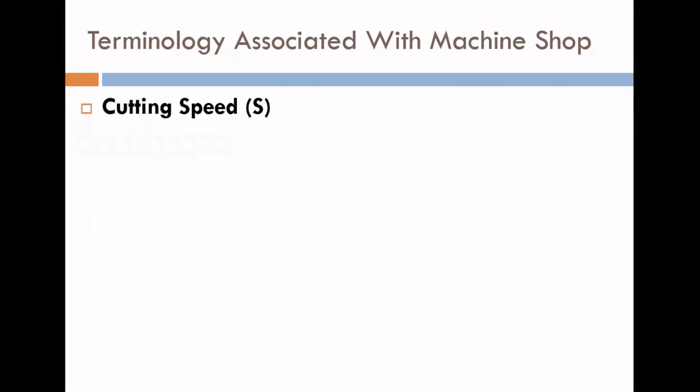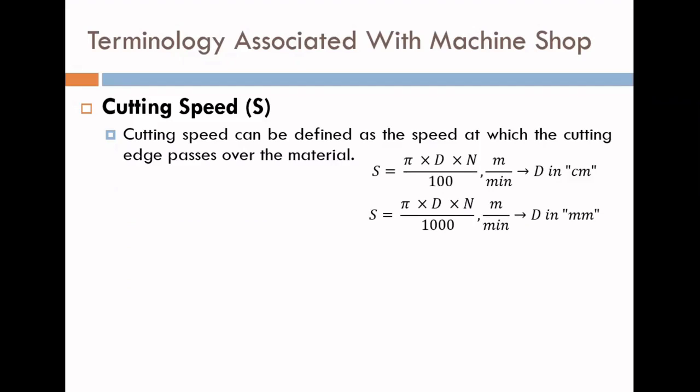First is the cutting speed. Cutting speed can be defined as the speed at which the cutting edge passes over the material. It is expressed in meter per minute. The cutting speed S is equal to pi dn by 100 meter per minute, where d is in centimeter.